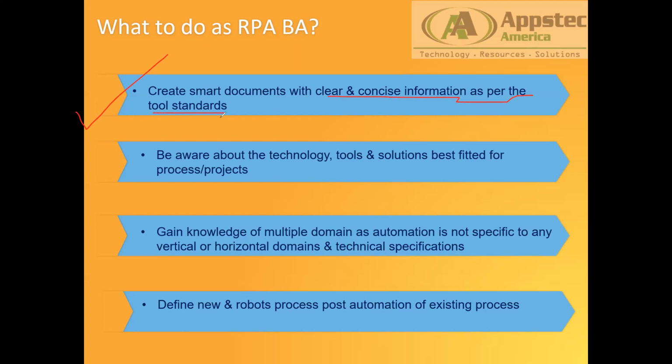So every company has their own documentation standard. Some companies go into very lengthy documentation where you need to mention each and every point, right from day one, meeting one, session one with your client, till you develop and deliver the project. They want clear and concise information.